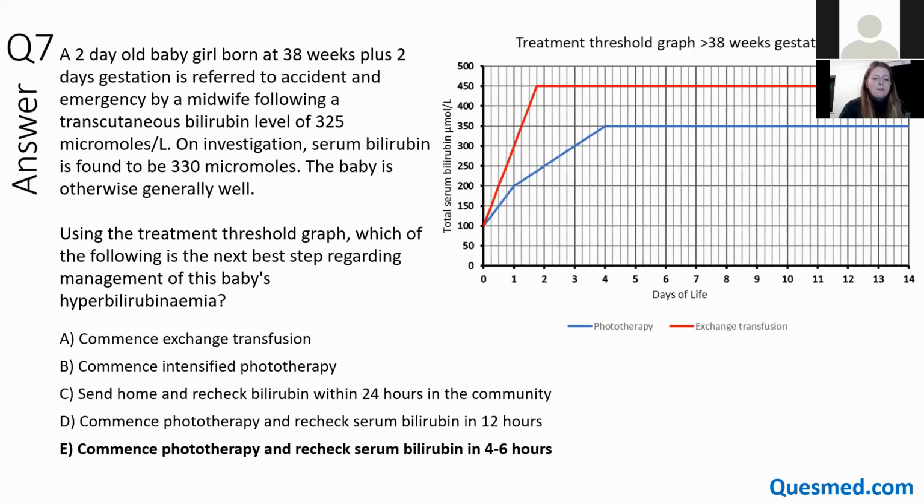I'll explain the difference between phototherapy and intensified phototherapy in a few slides' time, but essentially that's why you would commence phototherapy, and then it's just based on timing of when you recheck the serum bilirubin, which I will address in the next few slides.